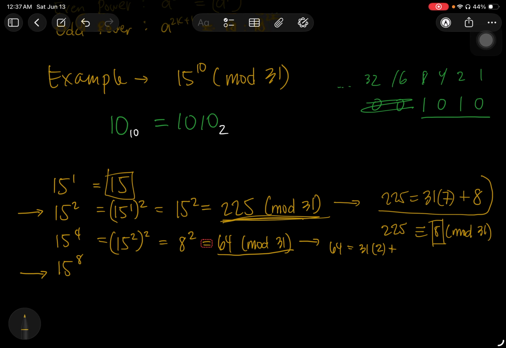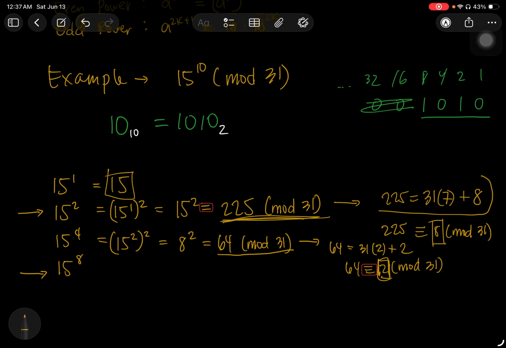So we will have a remainder of 2. So basically 64, let's write this one maybe below. So 64 is congruent to 2 mod 31. So our answer for this would be 2.